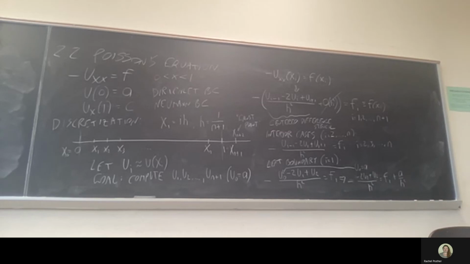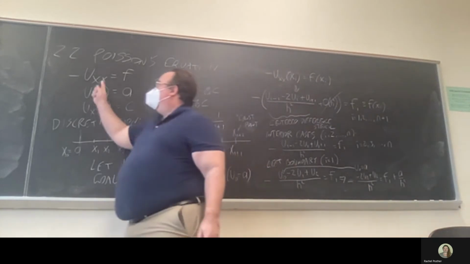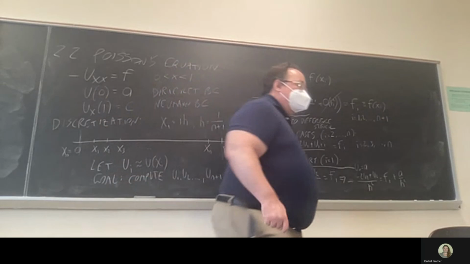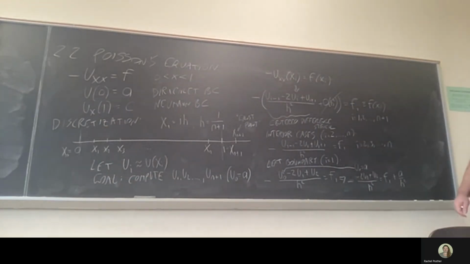So sine x is the eigenfunction of the Laplacian with an eigenvalue of minus 1. So by putting a minus, the differential operator minus Laplacian has positive eigenvalues. This would lead to a system of equations, our Ax equals b problem, where matrix A will be symmetric positive definite.